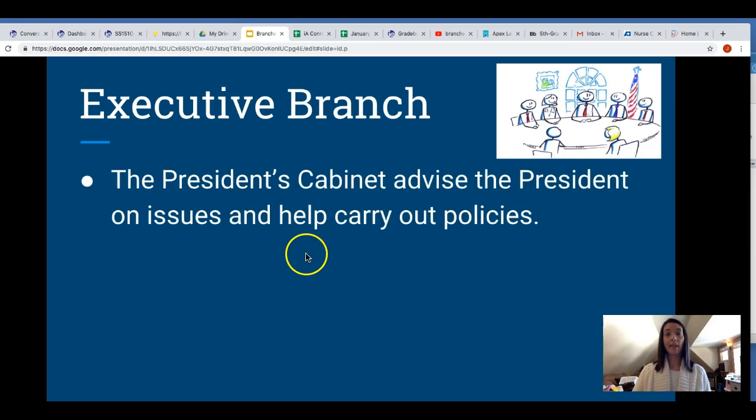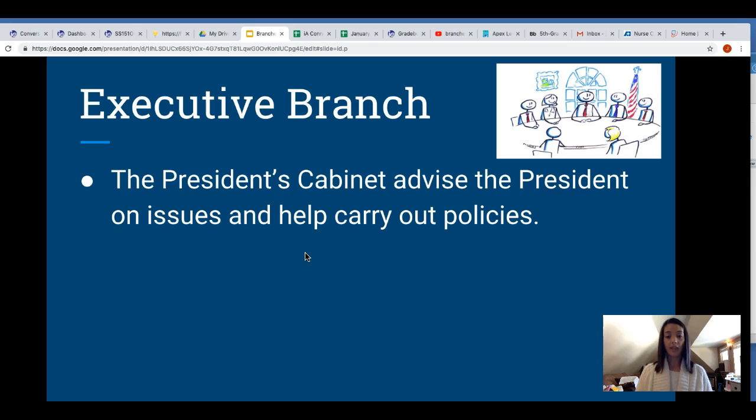Okay, and now we're going to go to the president's cabinet. So the president's cabinet advises the president on issues, and they also help carry out policies. I'm going to talk more about them in just a moment. But their job is to also help the president make decisions. That's advising the president.